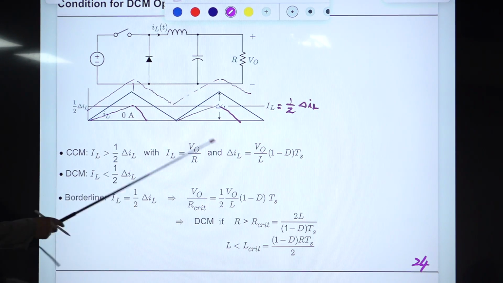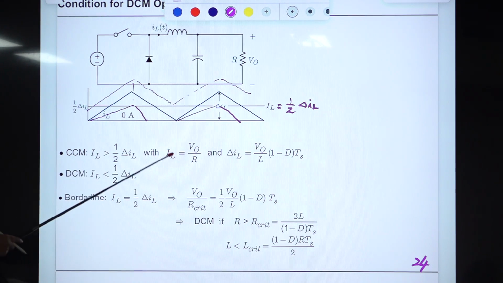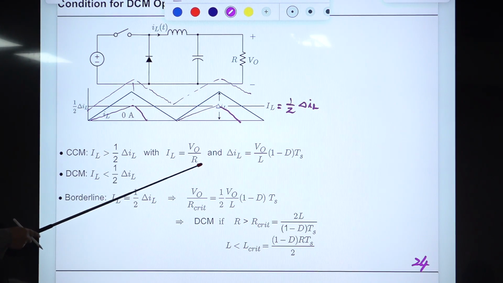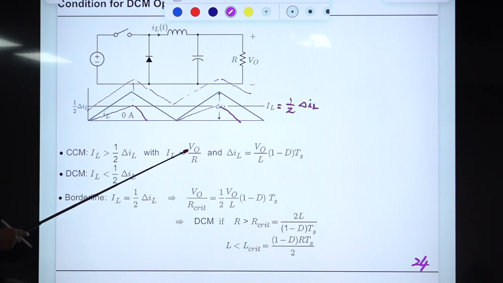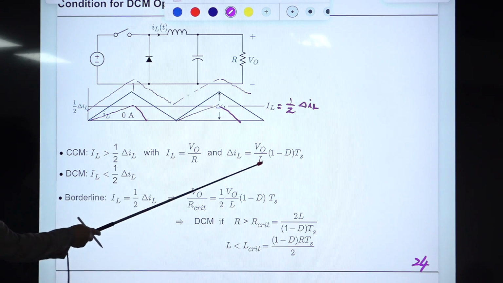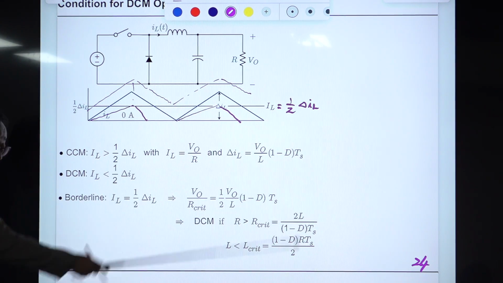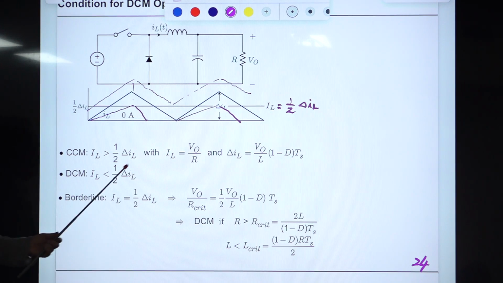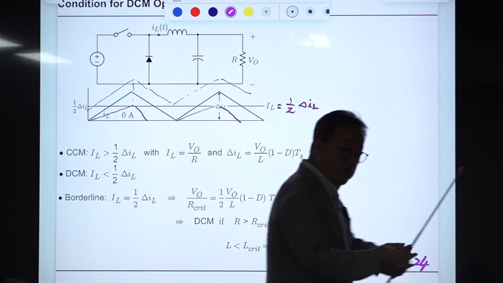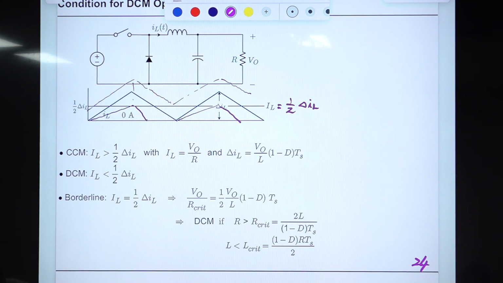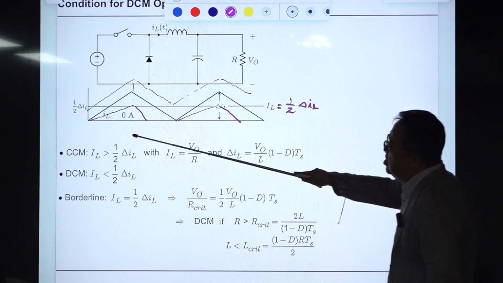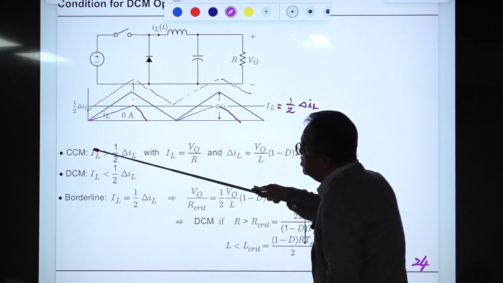So the condition is this one, and IL is the average value of the inductor current, which is this. And del IL is this one, the up-time slope times the up-time period. I said always try to use the input voltage when you are calculating something, all right? So if this condition is met, you are in CCM.